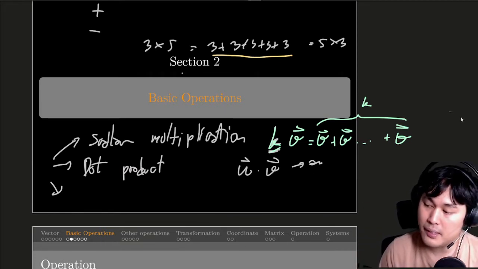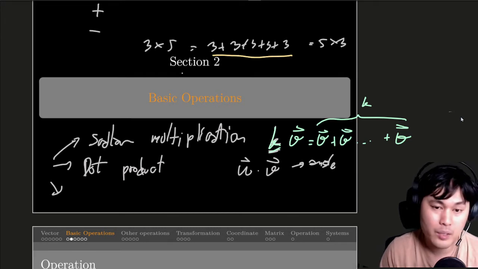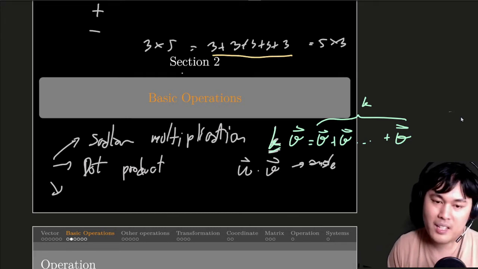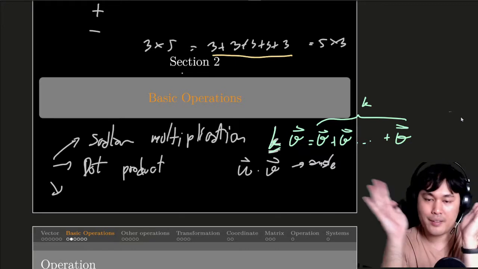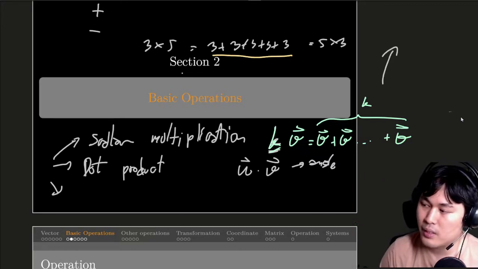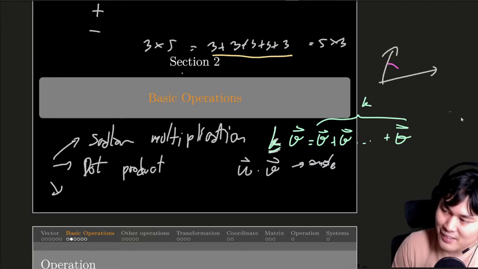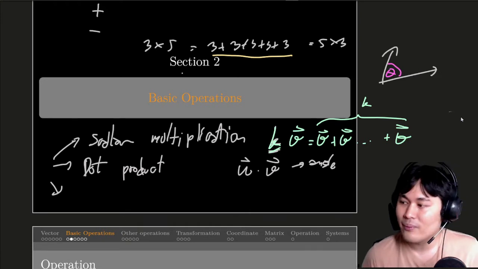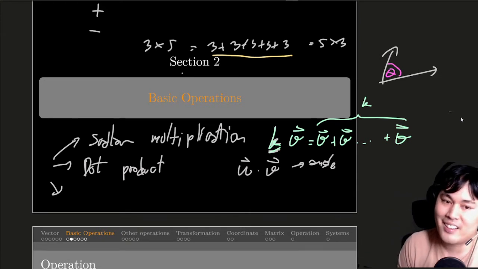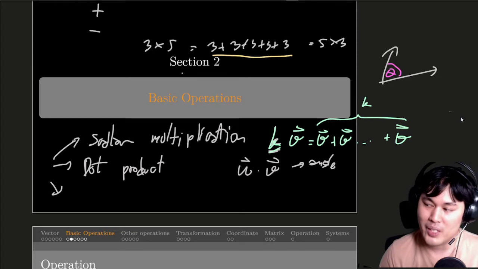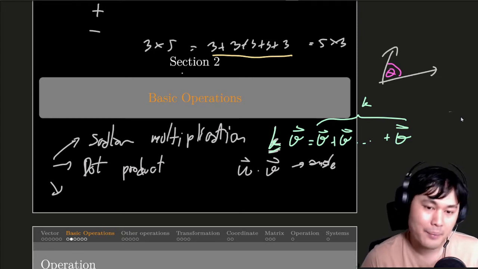It can give you information about the angle between vectors. Because when you think about them as lines or as arrows, if you have 2 vectors, 2 arrows, then there is an angle between them. It's clear there's an angle between them, and the dot product should be a nice way to find that angle.